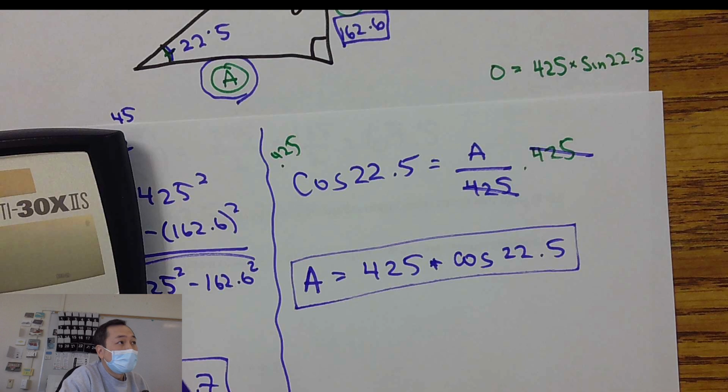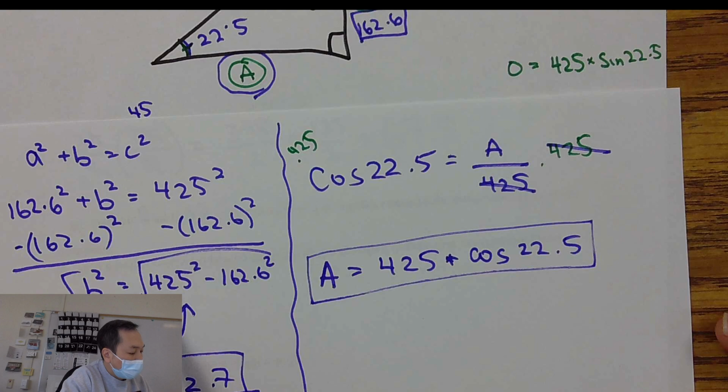Or this, if you use the Pythagorean theorem. Does that make sense? I would not require you to figure that out in your brain by trying to do 425 squared. We're not going to waste time. I know you can do it. This is pre-cal, so you should be good.